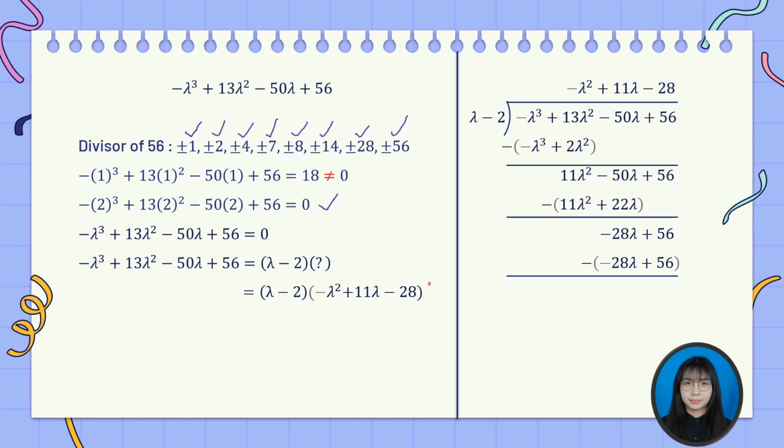Then we can factorize the polynomial as lambda minus 2 times a quadratic polynomial. To find the quadratic polynomial, we use long division and get that the quotient is negative lambda squared plus 11 lambda minus 28.